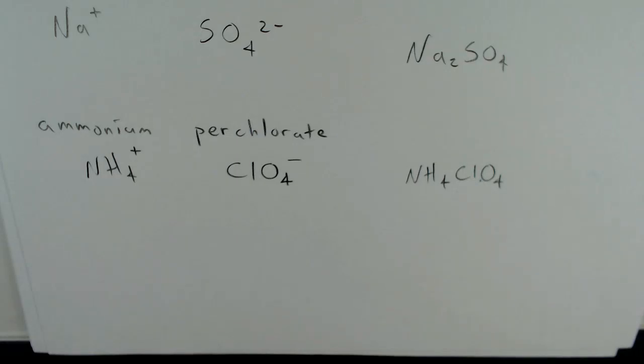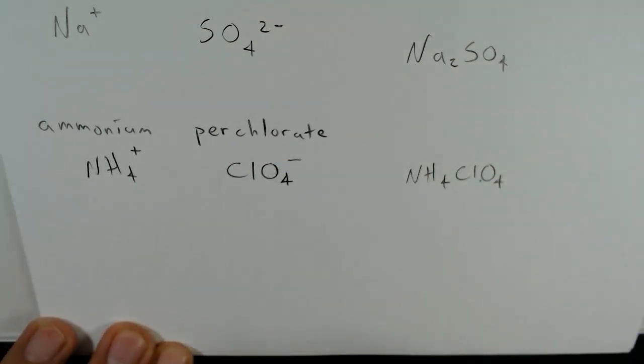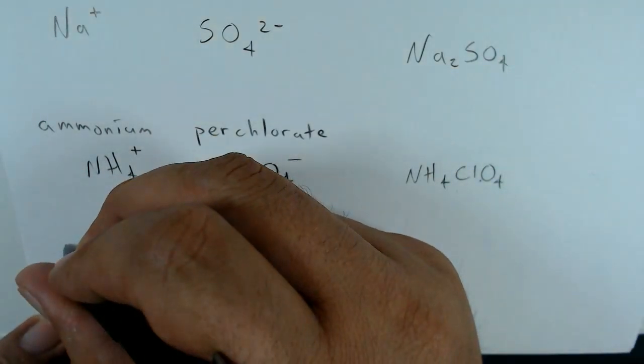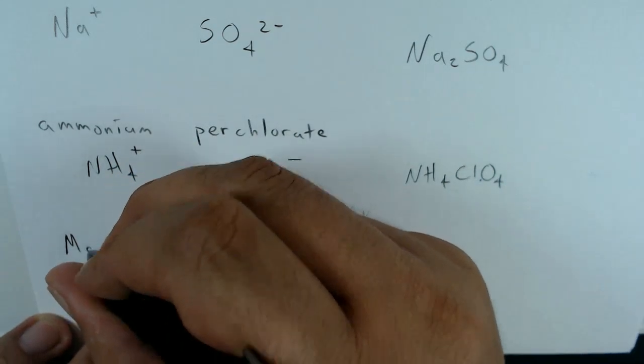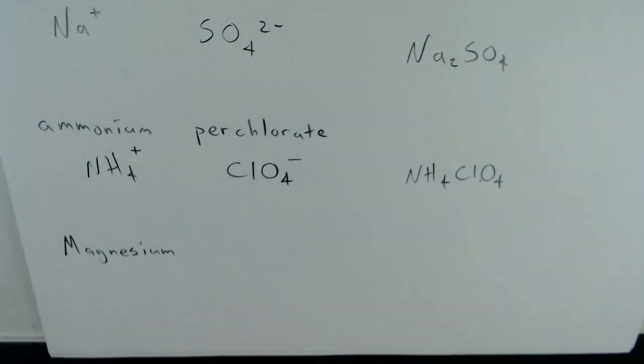All right. Let's go ahead and just do one more here just to make sure that you guys have good practice. So let's say we have magnesium. And let me think of a different one here we haven't done yet.